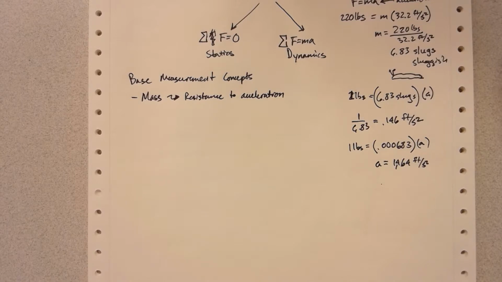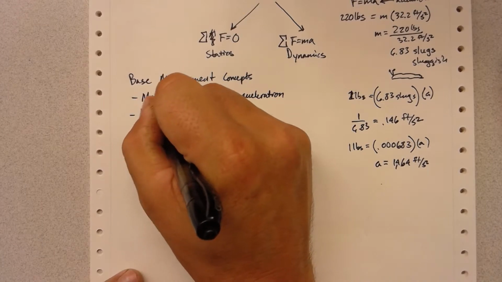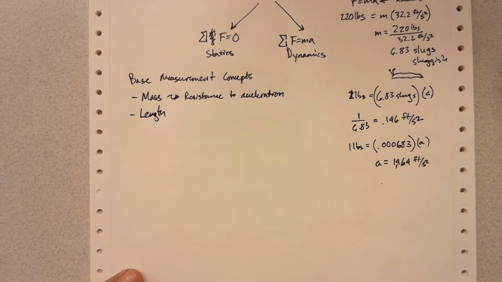How else do we do it? Centimeters cubed, right? So what's the measurement concept of a centimeter? Length. Yeah. So another one is length. And see how we can get volume from length, right?